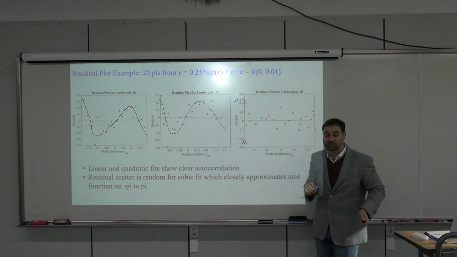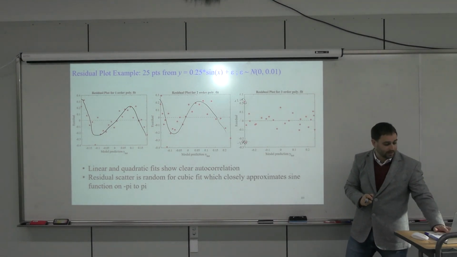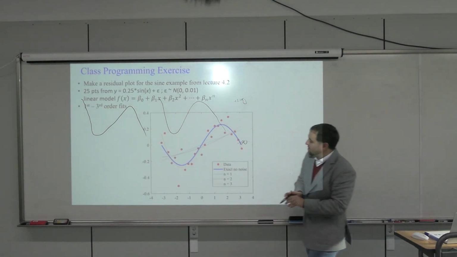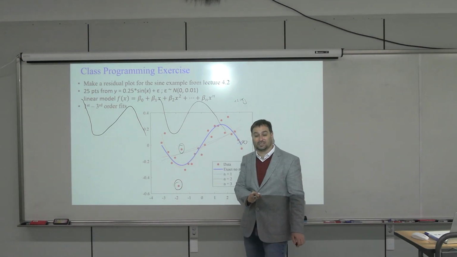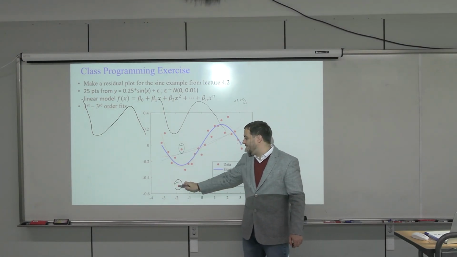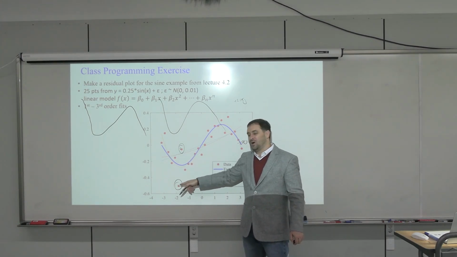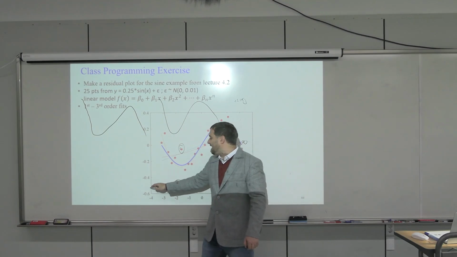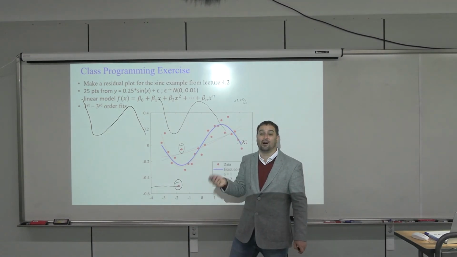Remember, our standard deviation is 0.1. So let's go back. That's this data point and this data point that I highlighted during lecture 4.2. So we happen to get these two out. They're actually called outliers. When your Y value is far away from the true underlying function, that's called an outlier.